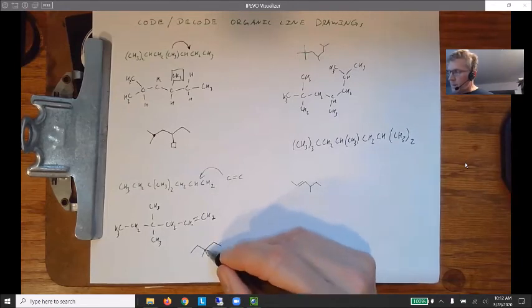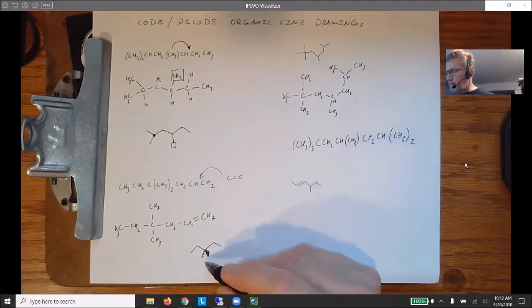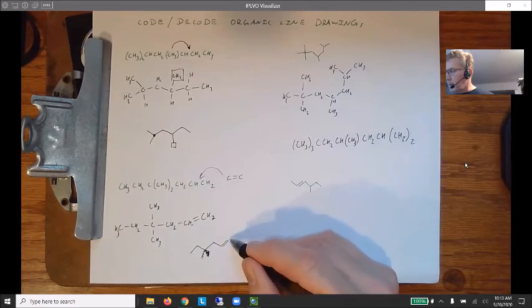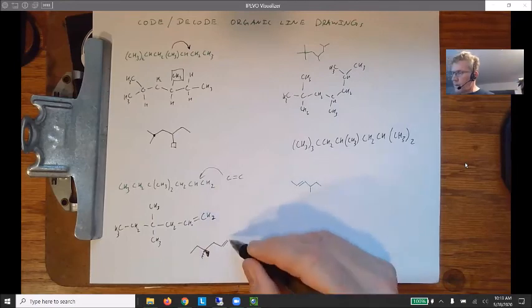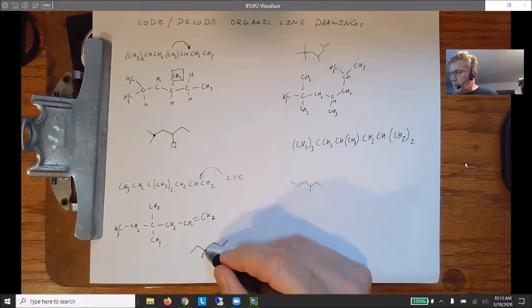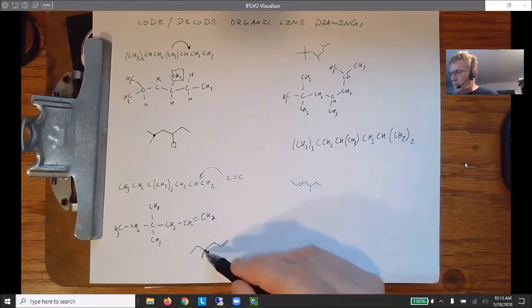For instance, one of these methyl groups will be out and one would be back. So we come to here, and then we have a double bond at the end. Again, we aren't showing the hydrogen atoms in every case, but here we have CH2, CH, another CH2, a bare carbon here with carbons all attached around it.